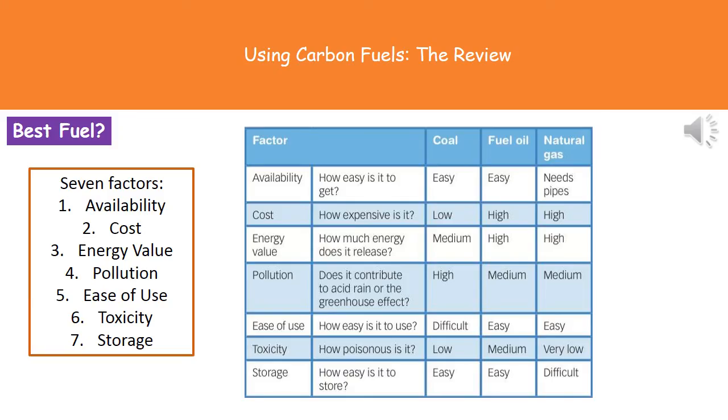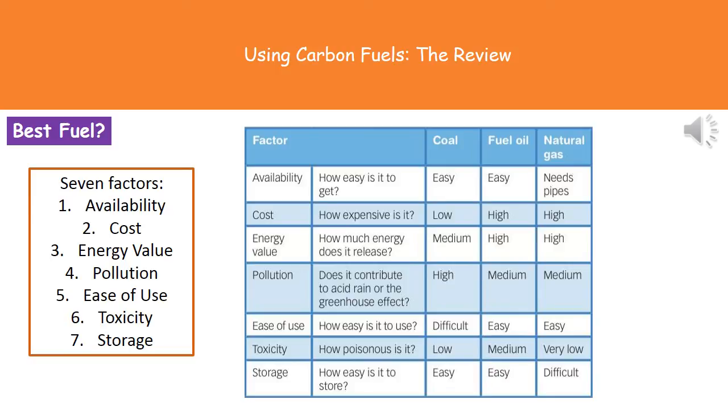When working out which is the best fuel to use in any given situation, we need to consider 7 different factors. So the availability of the fuel, how easy it is to get, the cost, the energy value, which just tells us how much energy it releases, the pollution, so is this going to contribute to the greenhouse effect and acid rain, how easy it is to use, its toxicity, so if it's poisonous or not, and how easy it is to store.